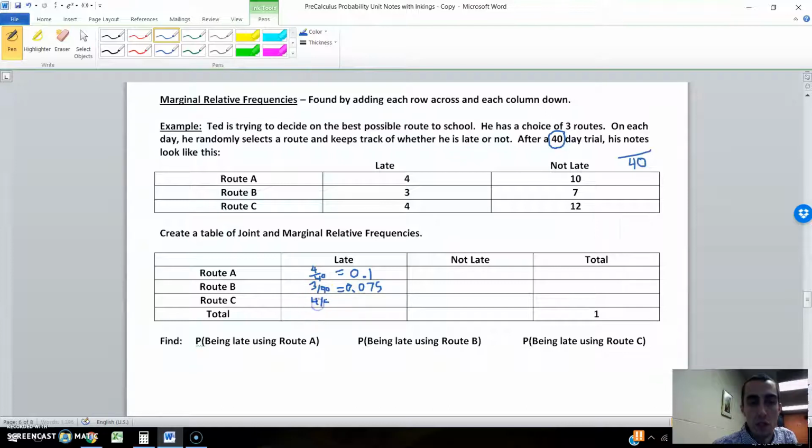We've already figured out 4 out of 40, and that's 0.1. For not late, that was 10 out of 40, which we know is 1/4 or 0.25. Route B, not late, is 7 out of 40, which is 0.175.